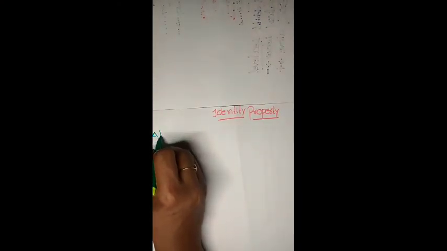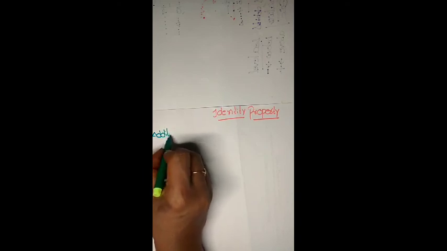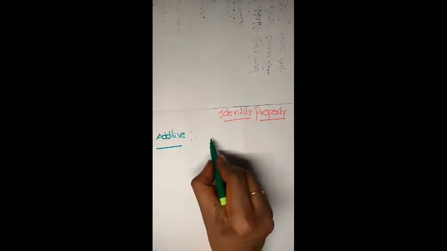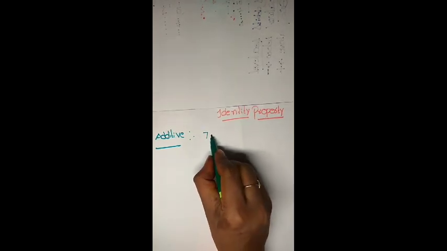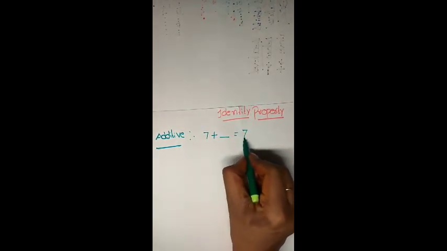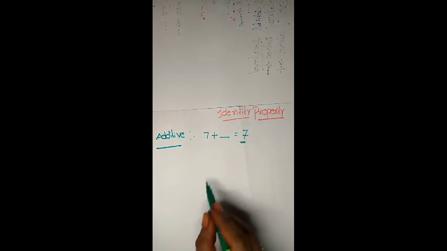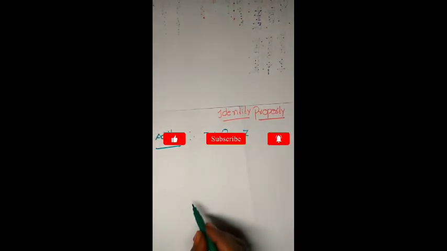Now let us check for the identity property of integers. That is the additive property. Now we are checking for the additive property, first for the whole numbers. Then we will go for the integers, so that will give you a clear idea of the difference between whole numbers and integers. Suppose I take a number 7, which number if you add to 7 gives the result 7?